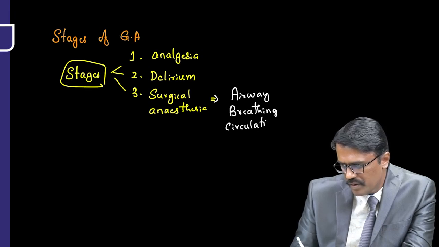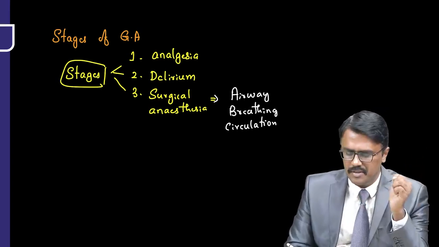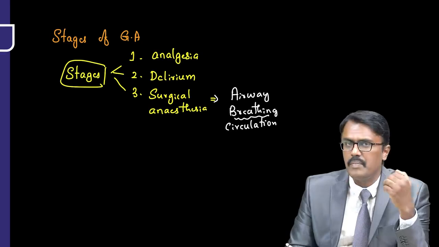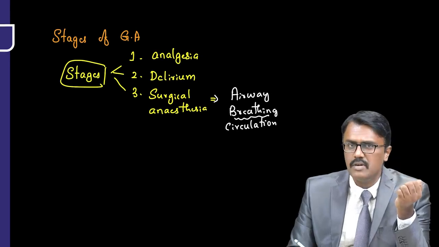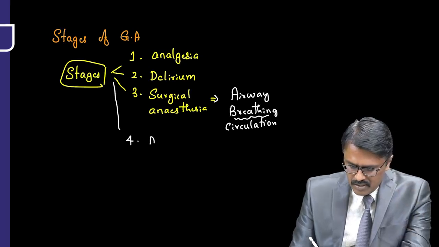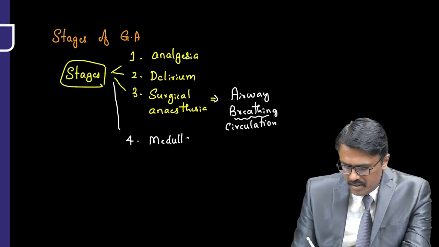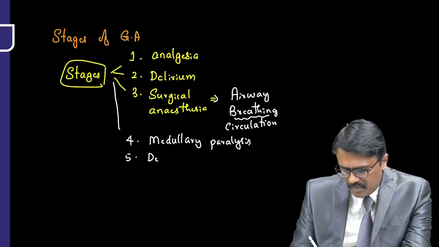When you enter the OT, you will see the pulse rate, the BP, everything is monitored. Many a time the patient will be put on a ventilator also, and that has to be monitored by the anesthetist. If you still continue giving anesthesia, the patient will go to the stage of medullary paralysis, and if you still give, the patient may die.